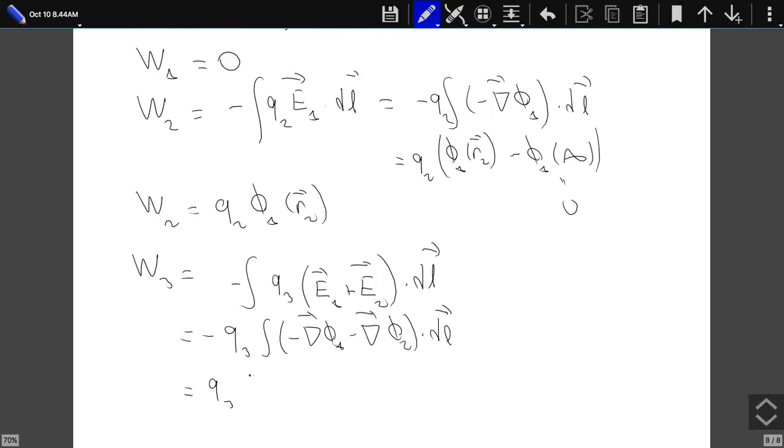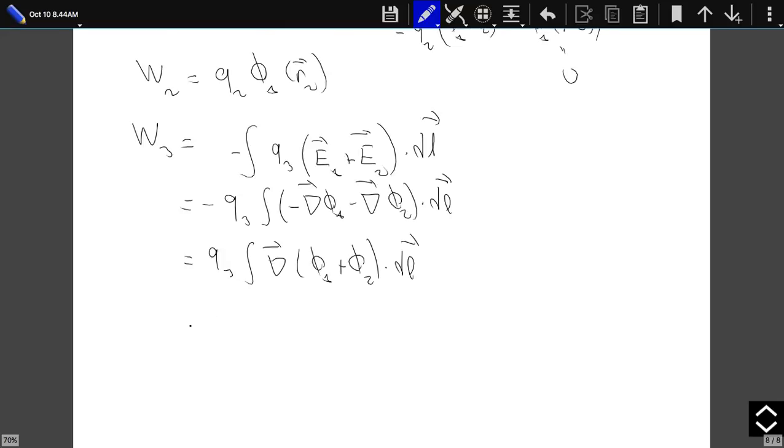This is equal to Q3 times the gradient of phi1 plus phi2 dot dl. And so this is equal to Q3 times phi1 at R3 plus phi2 at R3. Again, I use the fact that at infinity the potentials are zero, and the integral of the gradient is nothing but the difference of the function at the endpoints.